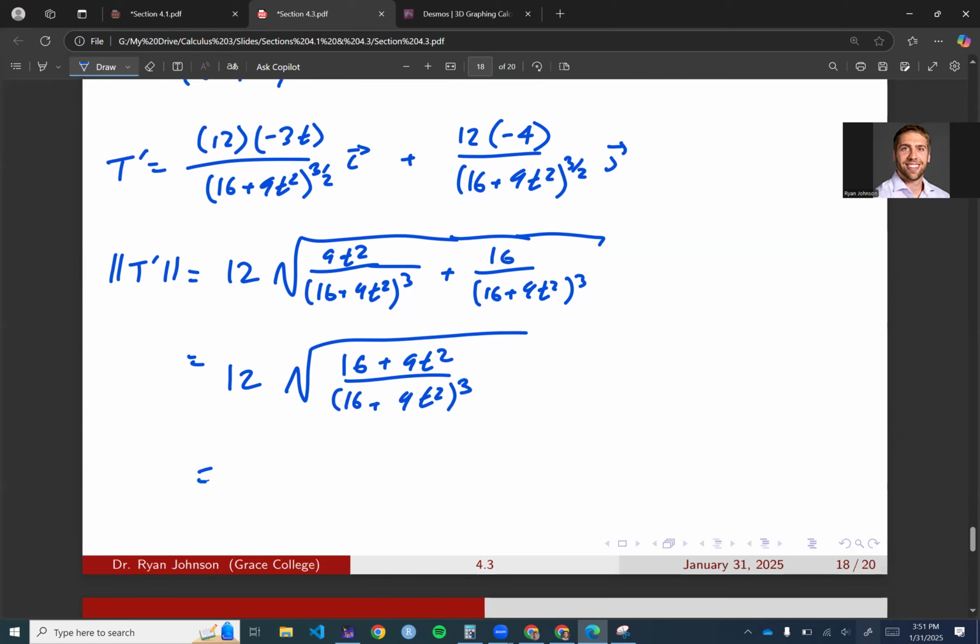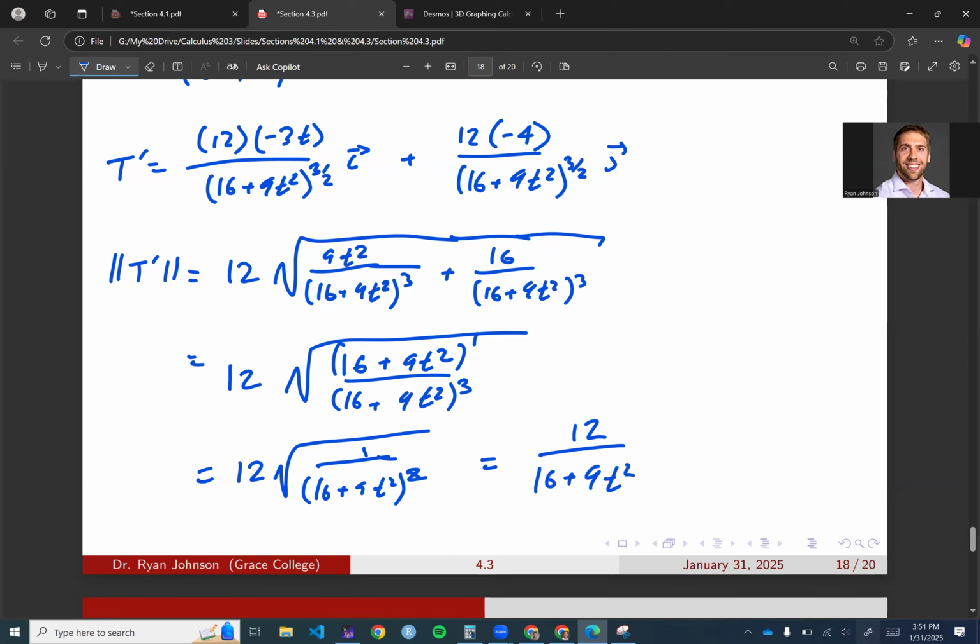Well, that's just going to be 12 times the square root of 1 over 16 plus 9t squared, squared. And the square root of something squared, if you know it's positive on the inside, is just going to be 12 over 16 plus 9t squared.